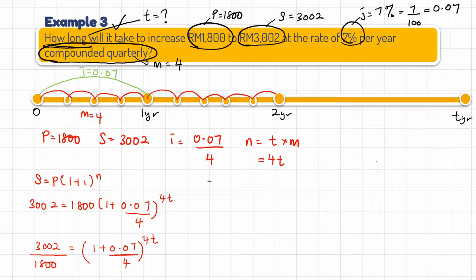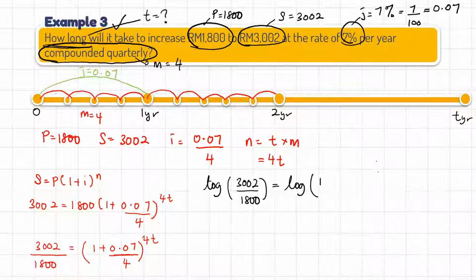Again, our unknown is the index, so we need to introduce log on both sides. So we just use log base 10. Here we have log of 3,002 over 1,800 equals log of (1 plus 0.07 over 4) to the power of 40.